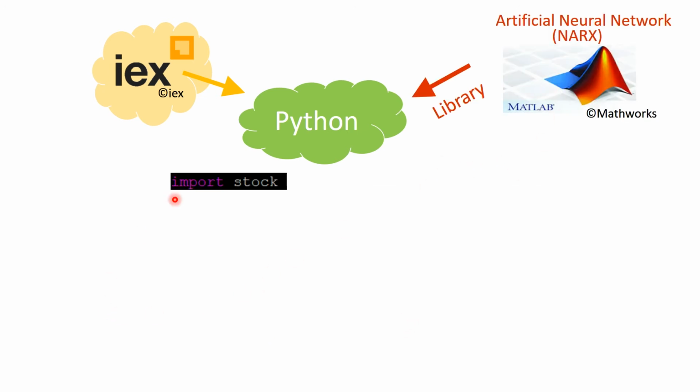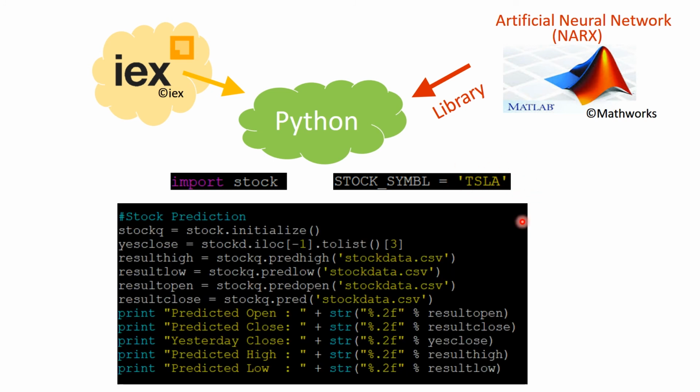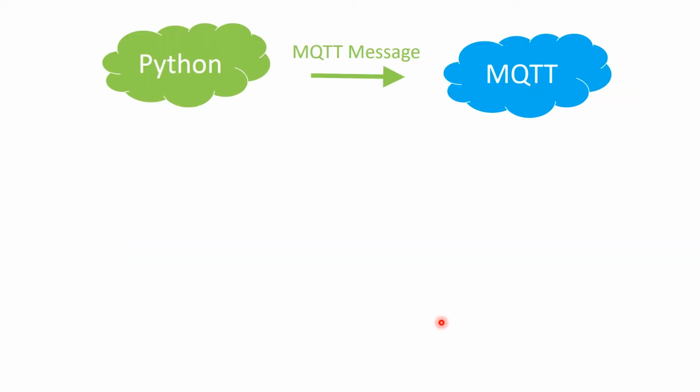To use this library, all you have to do is type in import stock. This is after you have installed it. Then define some symbol, let's say you want to check the stock price of Tesla, so TSLA, and then you initialize this particular library and do all these predictions, basically predict the high, low, open, and that is stored in a variable.